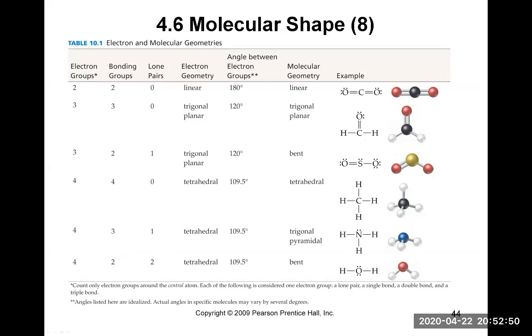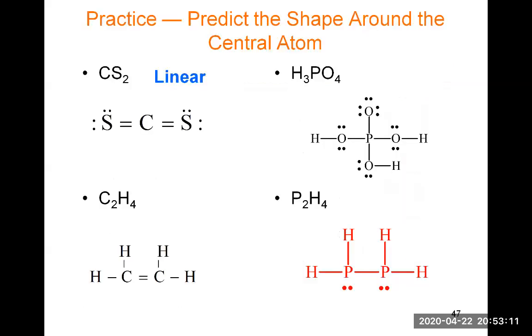So that means the shape around the carbon is trigonal planar. So the geometry is trigonal planar for each carbon, because if you do it for the carbon to the right, you also see that you have 3 electron groups around it: 2 hydrogens plus the other carbon bonded. So the geometry around both carbons is trigonal planar.